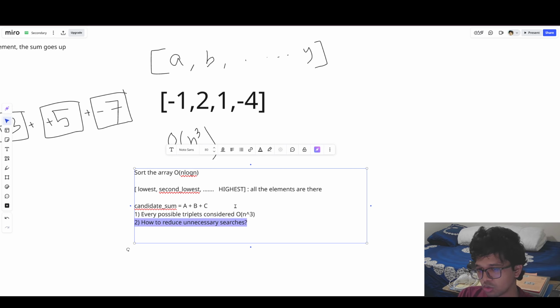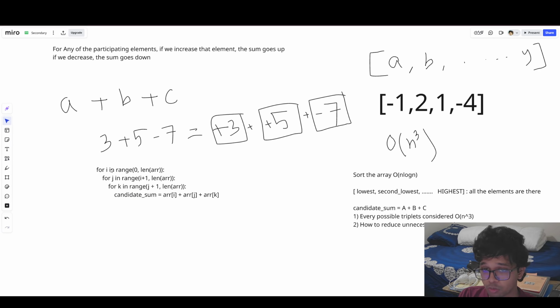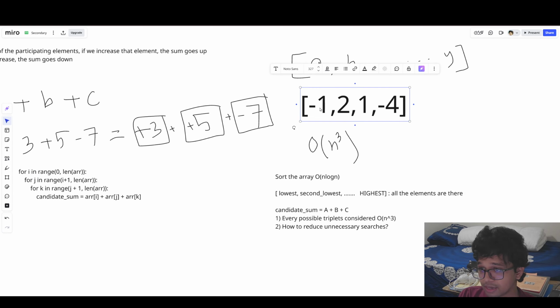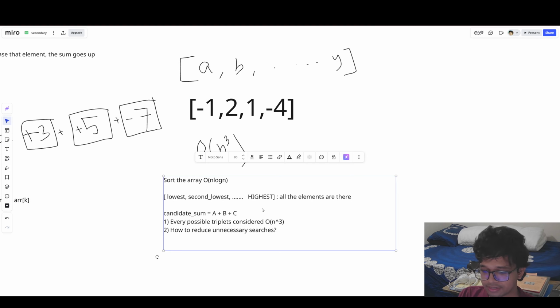When we went with the naive approach, we went through every possible item in the array, like -1 2 1, that's a triplet, -1 2 -4, that's another triplet. So we did that, right?